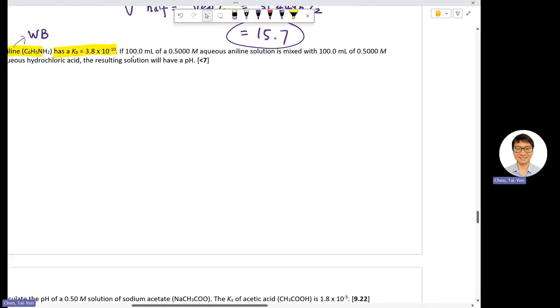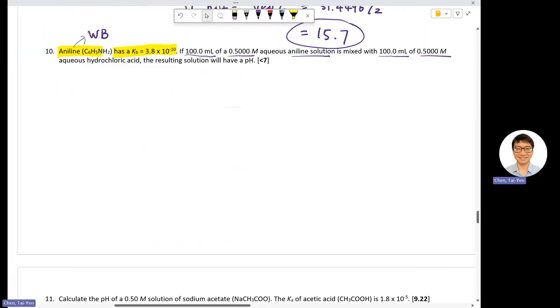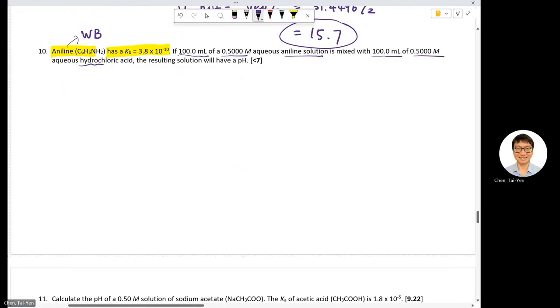If 100 mL of 0.5 M aqueous aniline solution is mixed with 100 mL of 0.5 M hydrochloric acid, and what's hydrochloric acid? A strong acid, good. It asks you, is the pH going to be larger than 7, equal to 7, or smaller than 7?